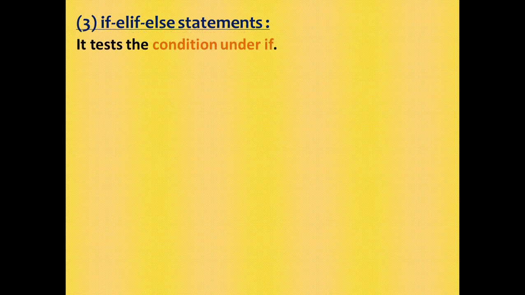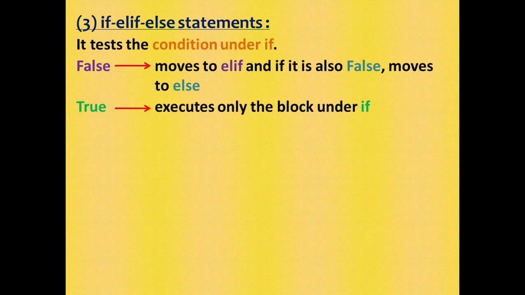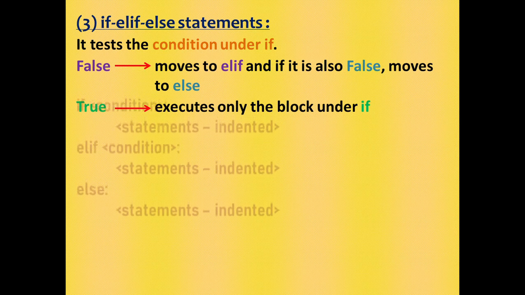Here also this will test the condition given under if. If the condition is false, it will move to elif, and if the condition given in elif is also false, it will move to the else part. Suppose the condition given under if is true, it executes the block given under the if statements.